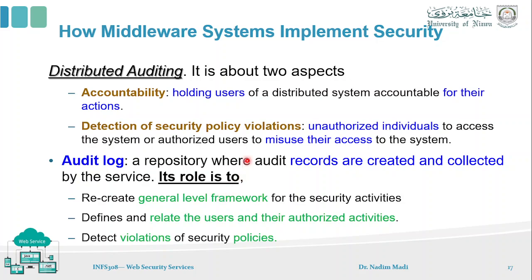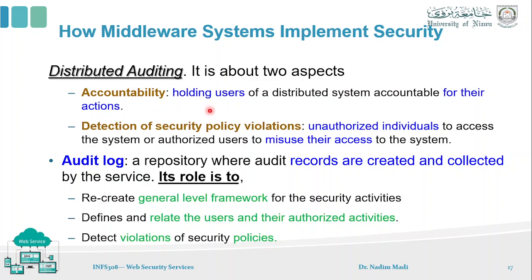Here we move to distributed auditing. In auditing we talk about accountability and trying to detect any form of policy violation, or any policy action which has not been implemented properly or complied with properly by either of the communicating parties.